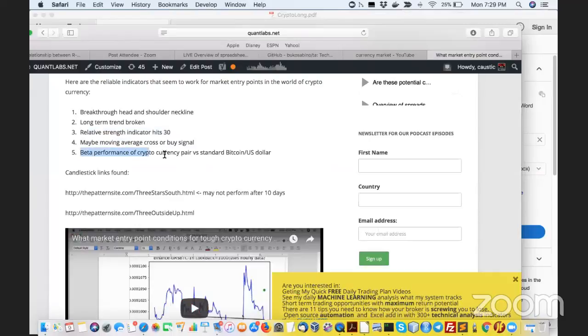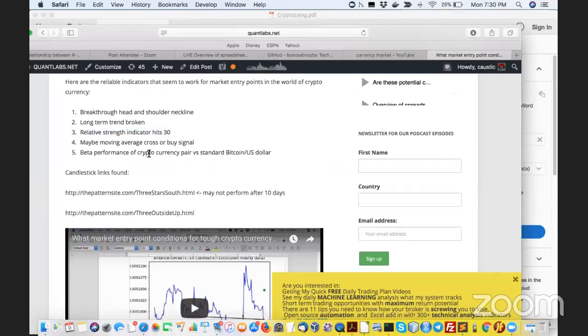The other thing that I'm going to be using, once a position's put on, is the cryptocurrency pair, and I would like to see outperformance versus a standard benchmark like Bitcoin versus US dollar. It's no different if you had a stock and you want to make sure that that stock is outperforming the S&P 500 as the benchmark to generate alpha.